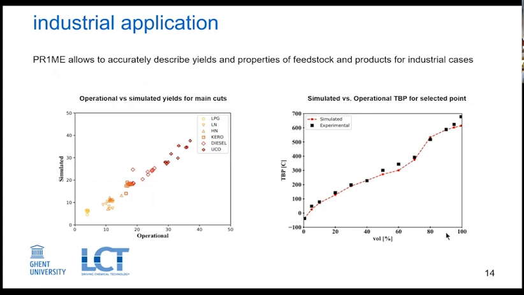These are the experimental distillation curve and the simulated distillation curve. With Prime, it's possible to make a very good match of the experimental data points via simulation, because it's possible to work with the molecular detail. It's possible to go from the molecular detail to the bulk properties as well.